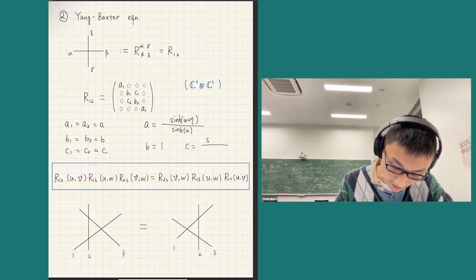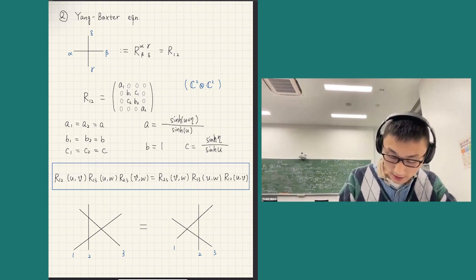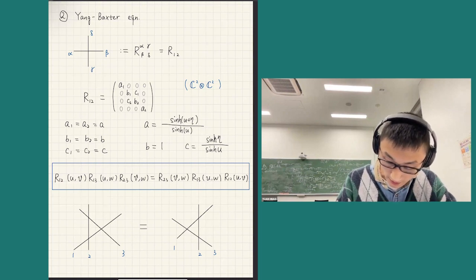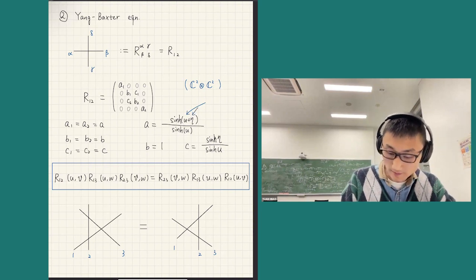And for C, we have hyperbolic sine with eta here. And you see that now this depends on two complex numbers. First is U, and the other is eta here.